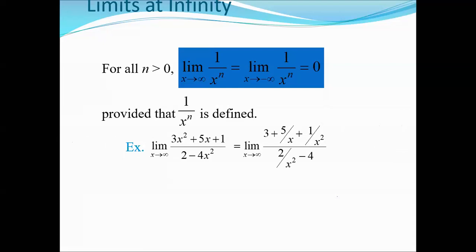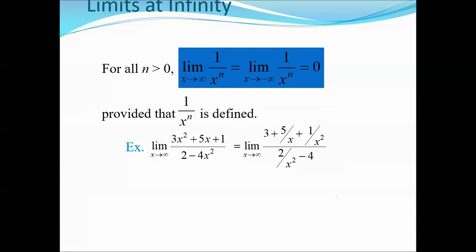So it is infinite upon infinite form, so the function is not defined. So firstly we take x square common from numerator as well as denominator. So we get limit x tends to infinity, 3 plus 5 by x plus 1 by x square, divided by 2 by x square minus 4.